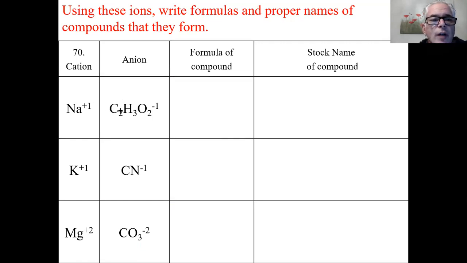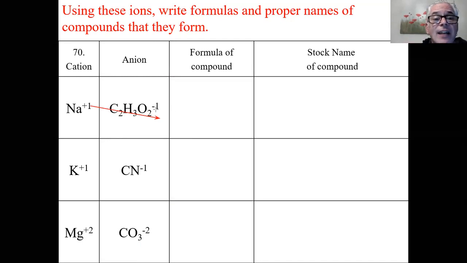This sodium has a +1 charge, so we have to do the crisscross business. And this ion here is called acetate ion, has to go across. So we're going to crisscross the ones, the +1, -1, and guess what? We don't write ones in the formula. So what's going to happen?